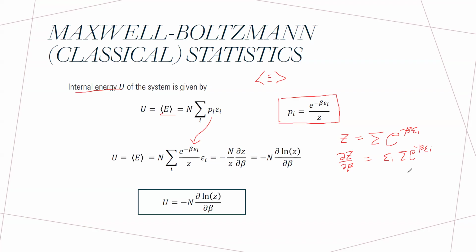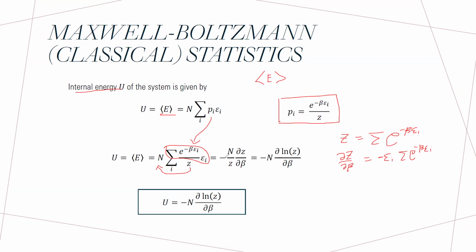Okay. So you can see that we can replace this sum over here, this part, with the partial of Z over partial beta, because Z is just a constant, so we can take this over here. So we have also a minus sign.